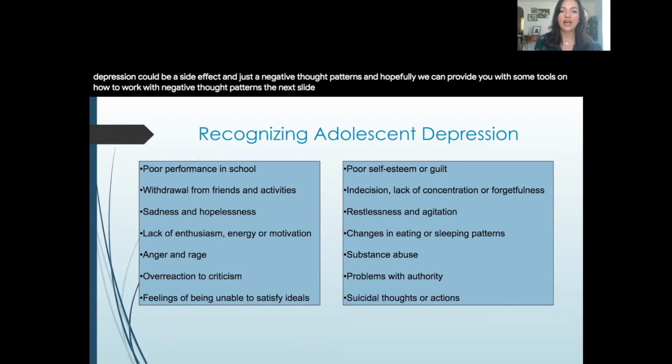is how to recognize adolescent depression. Some of this you all may have heard of. I'm just going to read them off for our folks that are listening to this presentation in a different language.